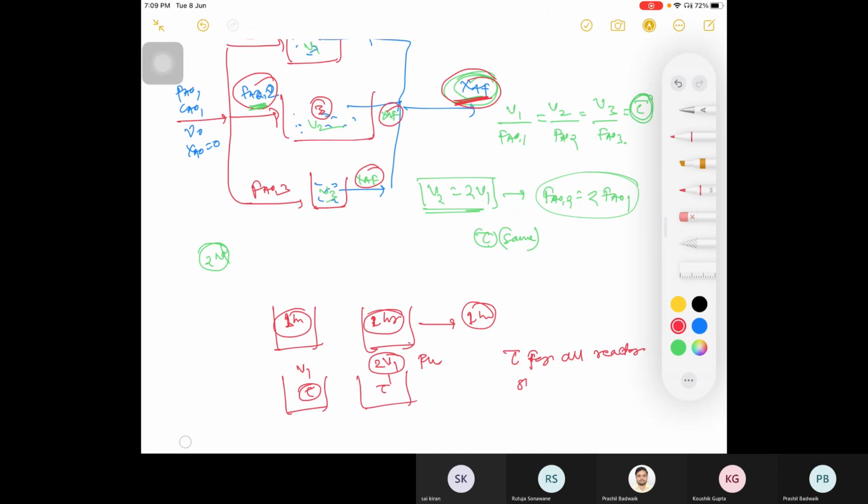Any doubt here? Same residence time, so I'll get the same conversion.